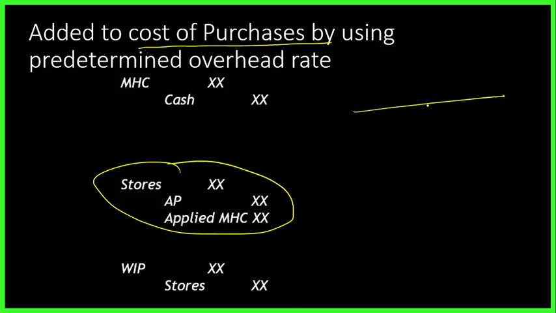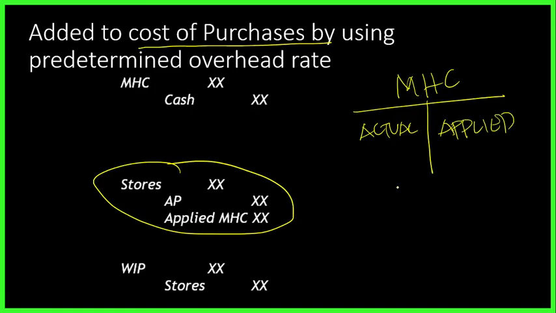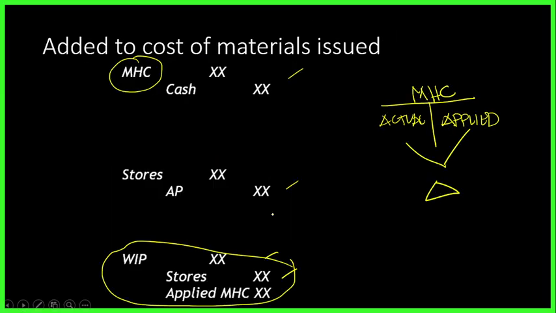But if you apply them at the time of purchase, you debit stores and then you record applied MHC. So again, you will have a separate account for your materials handling cost. You debit your actual, and you have here your applied. Kaya magkakaroon tayo ng application rate later. Magkaiba lang yung application rate because this one is applied at the time of purchase, while the earlier example is applied at the time of issuance.